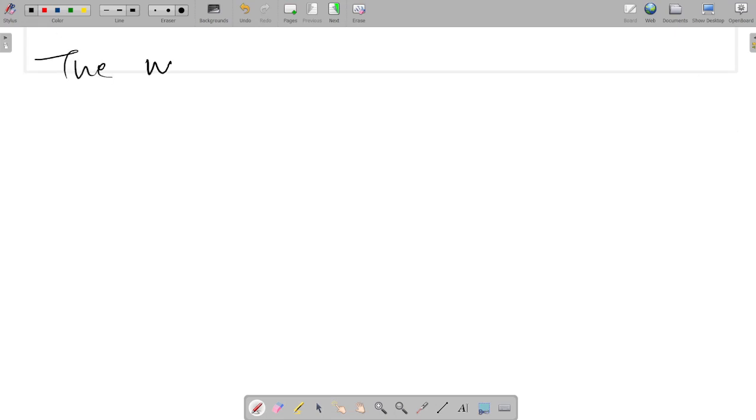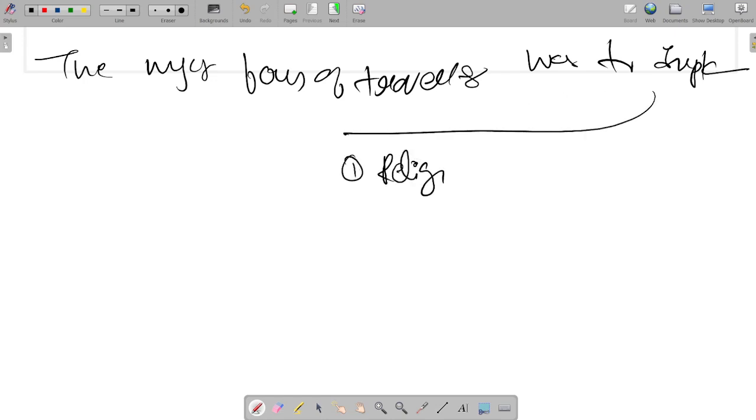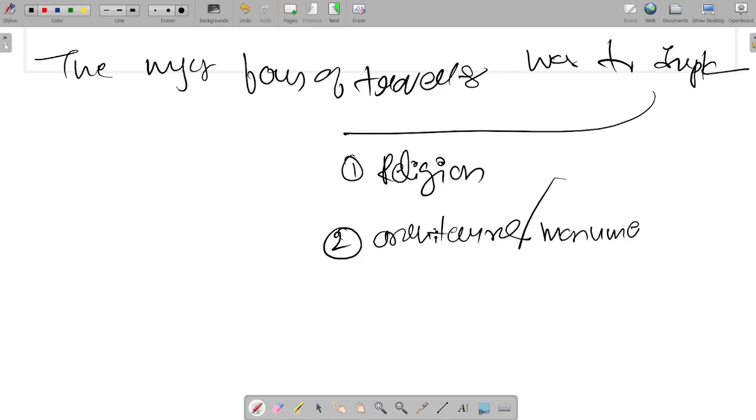The major focus of travelers was to explore religion, architecture, rather monuments.